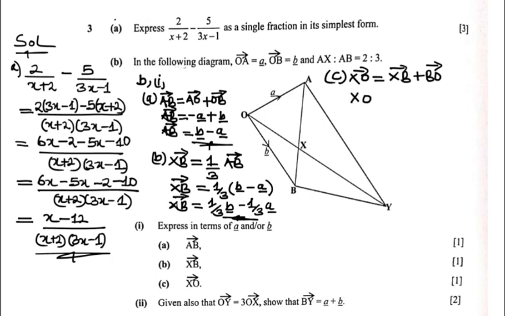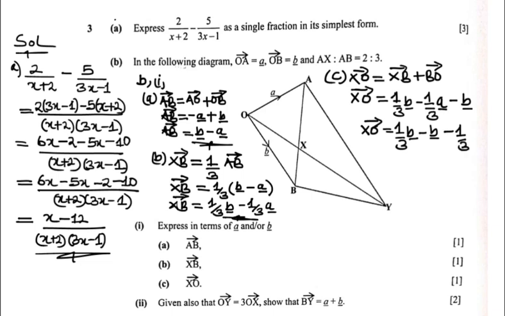XO vector is going to equal, XB is 1 over 3 b vector minus 1 over 3 a vector. Then BO vector is just minus b vector. So we collect like terms here.